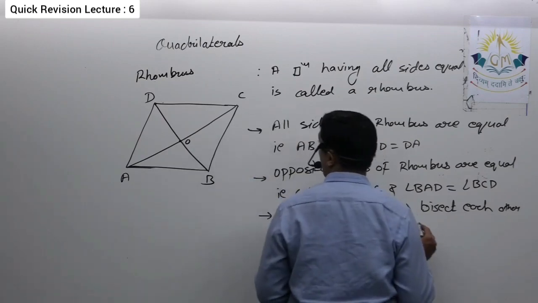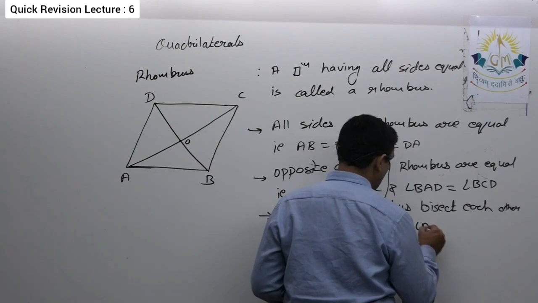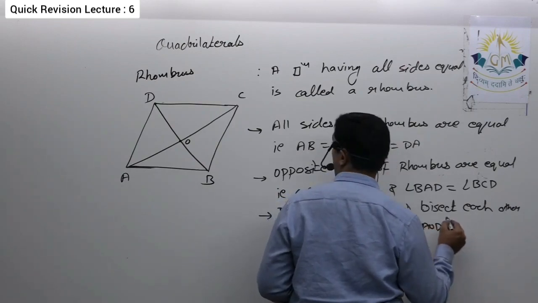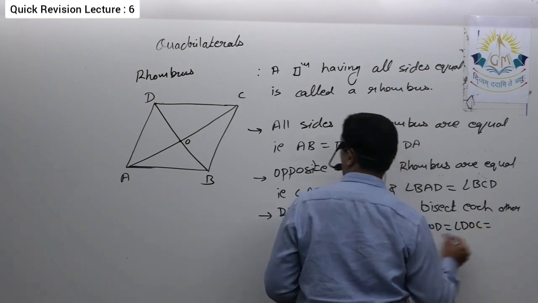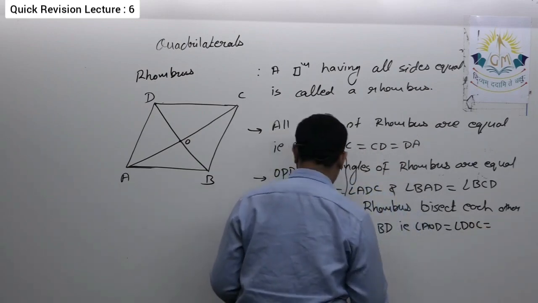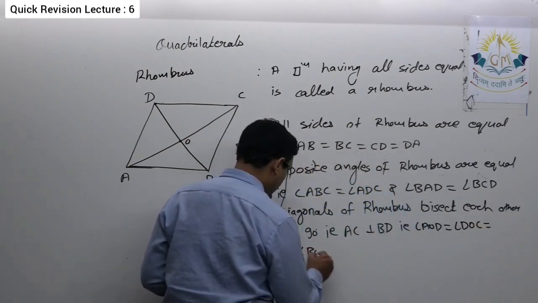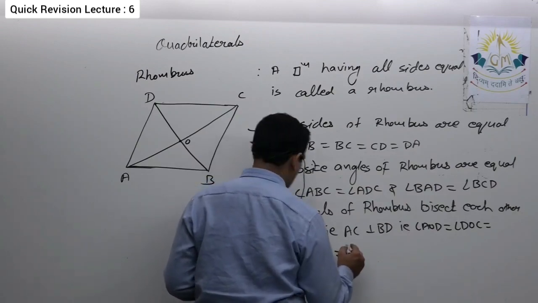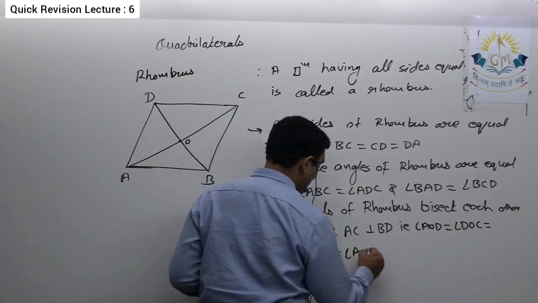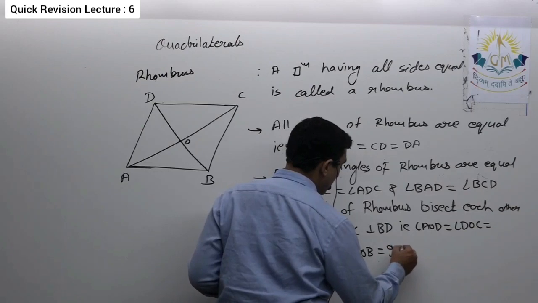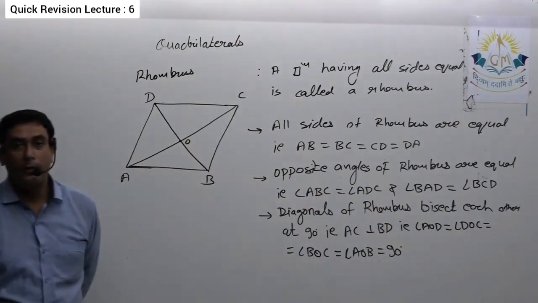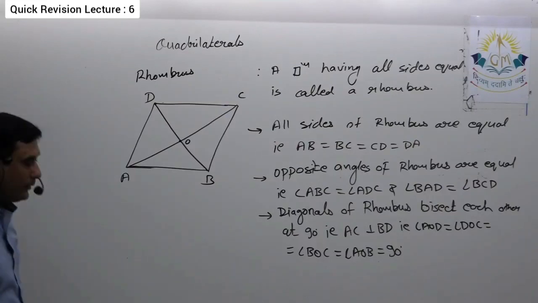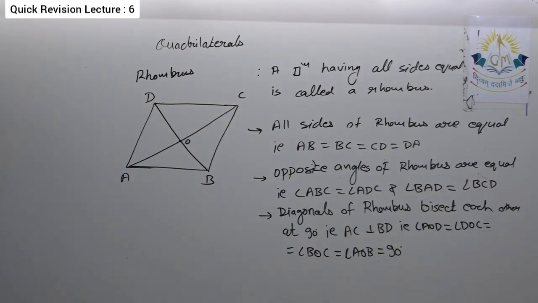Or I can write that angle AOD is equal to angle DOC is equal to angle BOC is equal to angle AOB is equal to 90 degree. Okay, so these are the properties of rhombus. Now after this we'll see the properties of square.